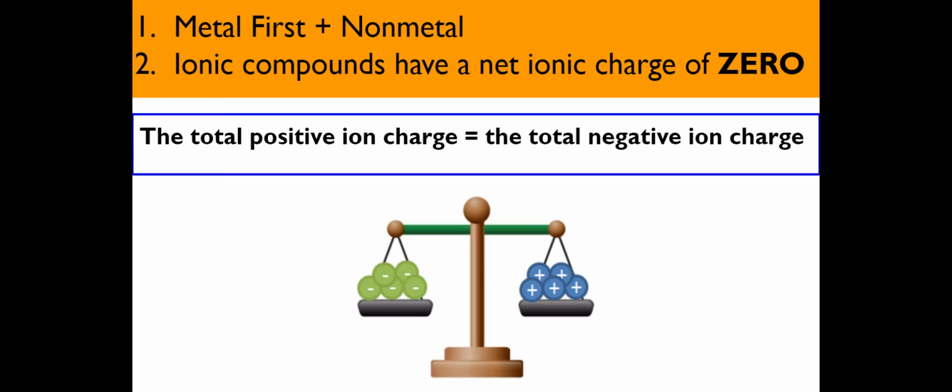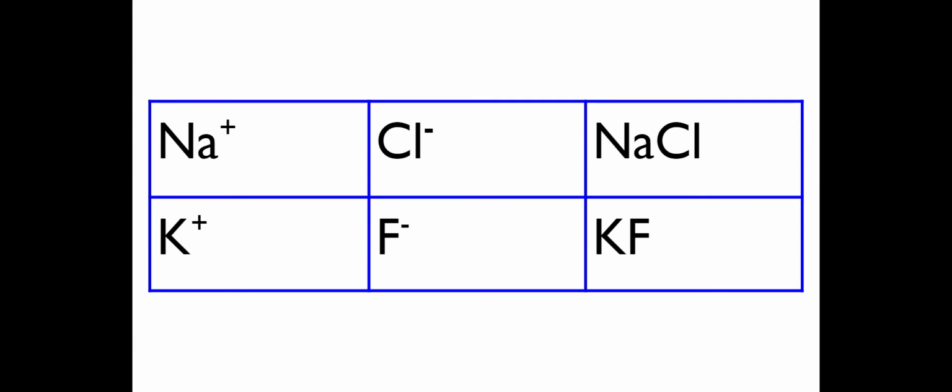If one magnesium bonds with chlorine, one chlorine can only receive 1, so it needs to bond with more chlorine atoms. That's what it means by total positive needs to equal total negative, because whatever number of electrons the metal gave away, the non-metal needs to receive the same number of electrons, because the electrons can't go anywhere else. Okay, it's still in the system. So please write this down. And I'm going to give you a few examples.